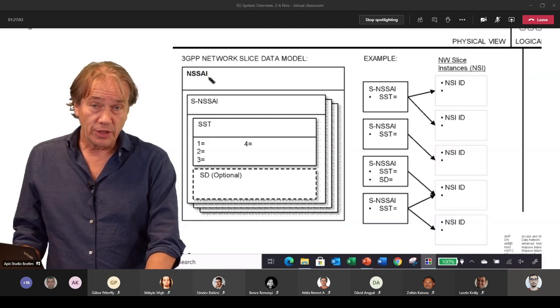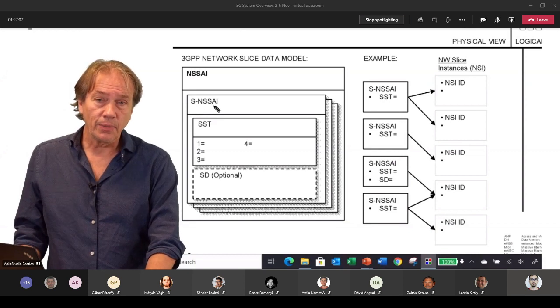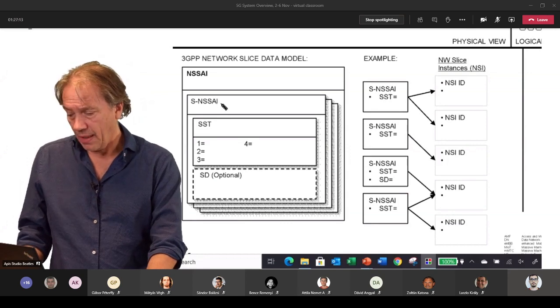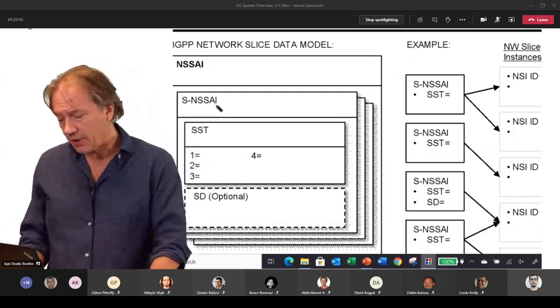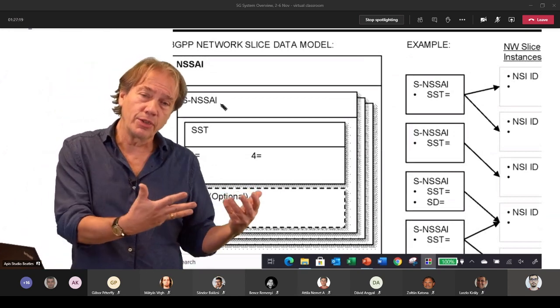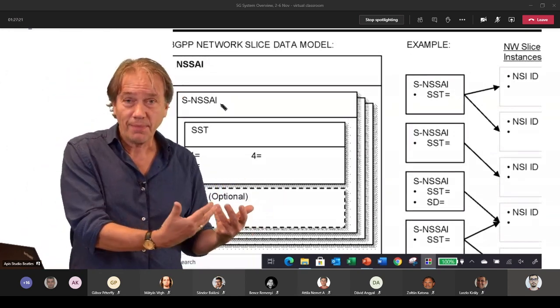Network slice selection assistance information consists of single network slice selection assistance information, S-NSSAI. And we can view this as, well, once again, it's not the identity of the slice.